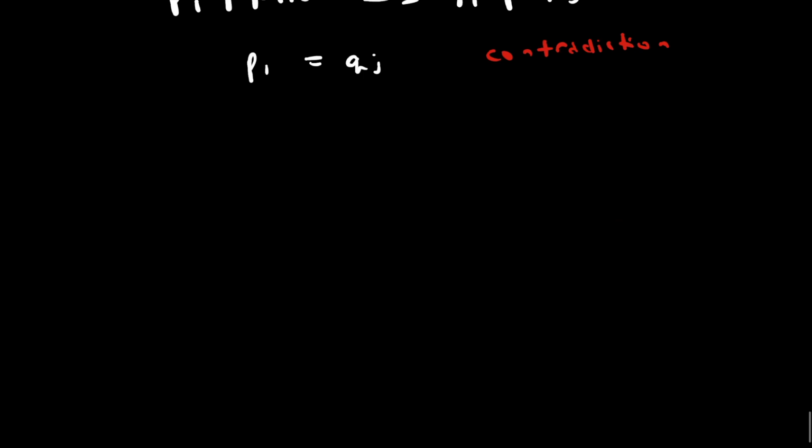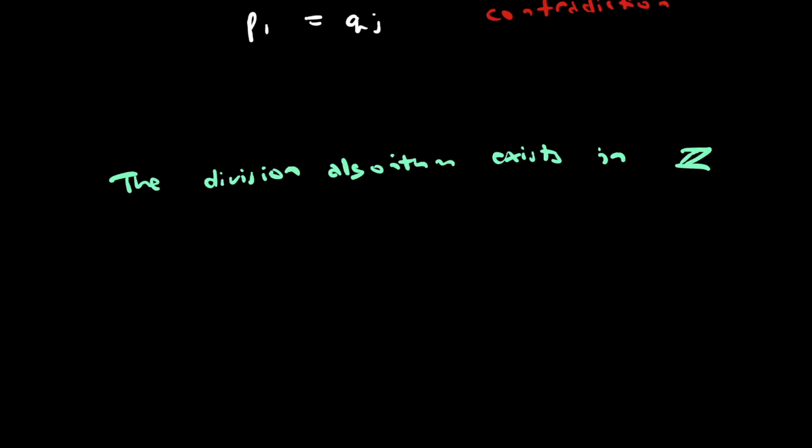So here's the question driving the rest of this series, right? Which is, does a division algorithm exist in other number systems?